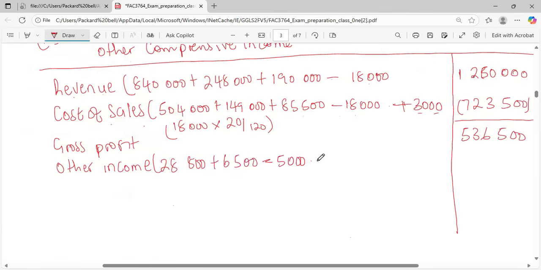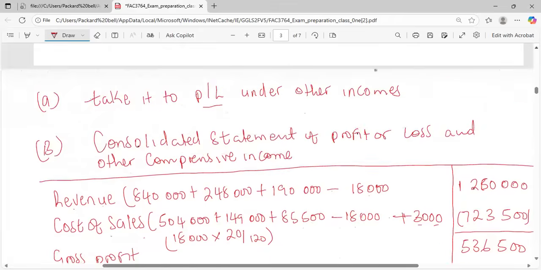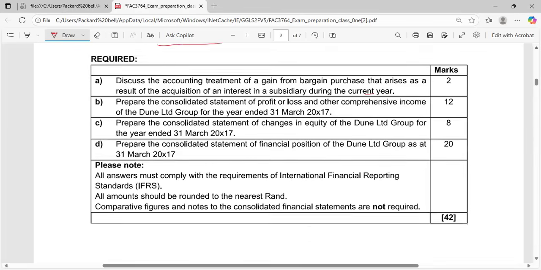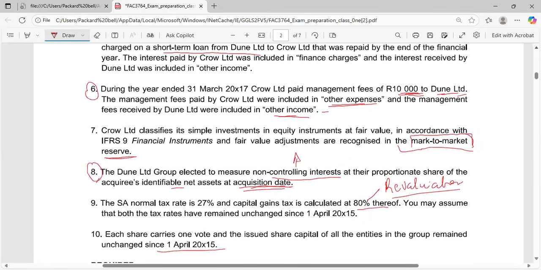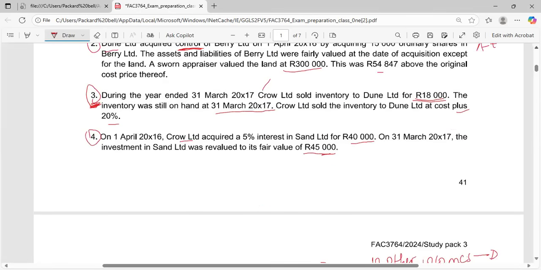The management fee is an intra-group transaction, so you are going to minus it again. Then what else goes to other incomes? Anything that normally goes to other incomes.